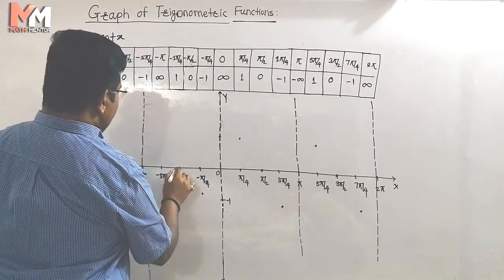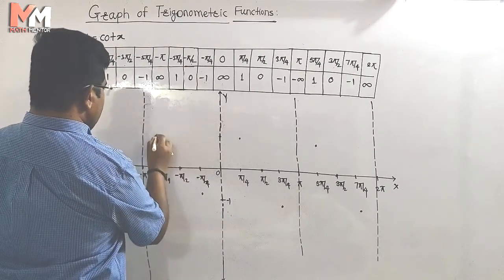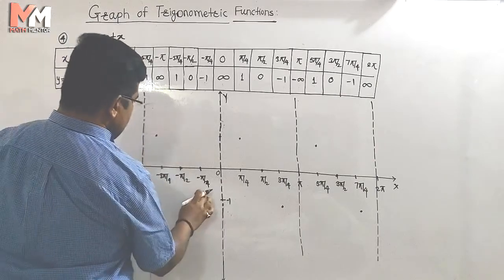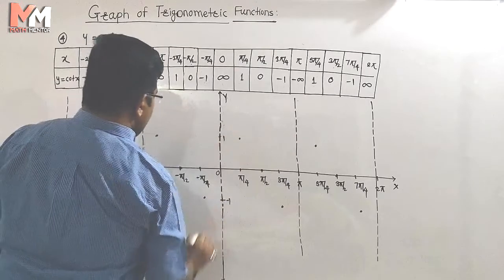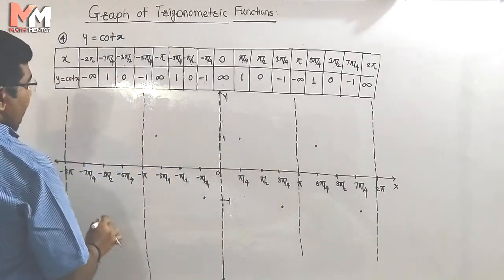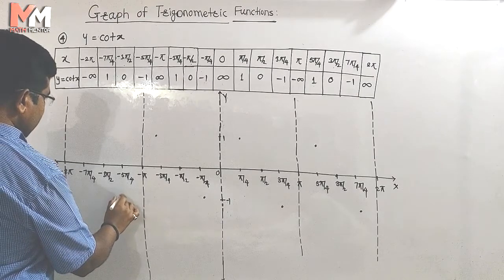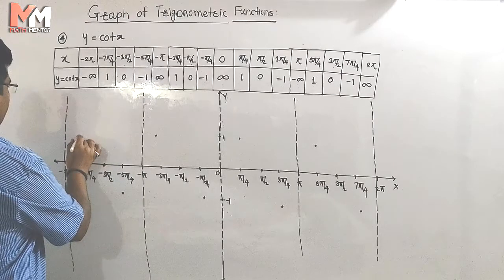Okay, now at minus pi by 4 it is -1, at minus pi by 2 it is 0, and it is +1. Got it? Now at minus 5 pi by 4 it is -1, it is 0, it is +1.